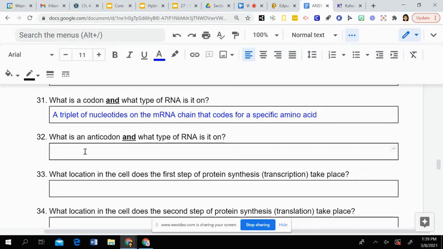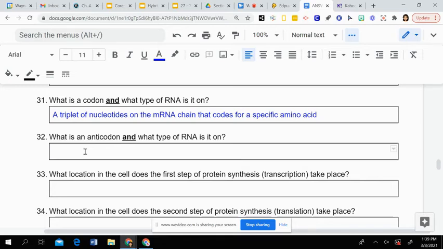Then, what is an anticodon and what type of RNA? If a codon is on messenger RNA, what would the anticodon be? Allie? It is on transfer RNA.